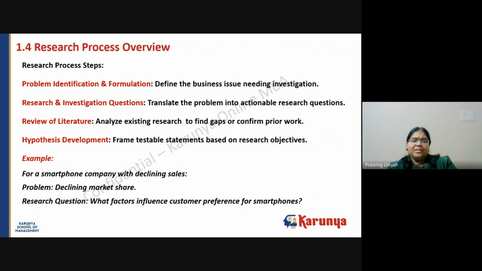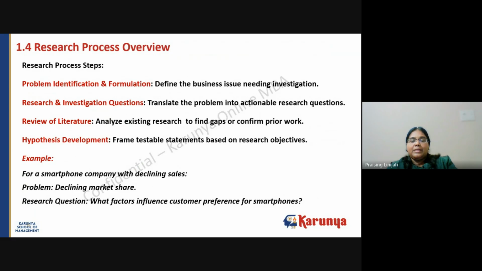You identify that a smartphone brand loses its market share. So probably the question raised is, what is the reason for this? What factors normally influence customer preference for smartphones? You try to ask many questions toward this problem to enhance its clarity, and find the gap with the help of a review of literature.